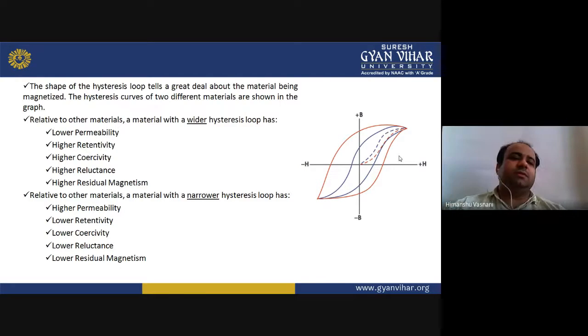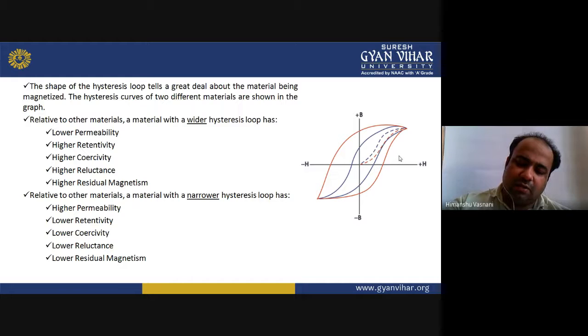All these terms are relative to the material with a wider hysteresis loop. Then, relative to other materials, a material with a narrower hysteresis loop will have higher permeability, lower retentivity, lower coercivity, lower reluctance, and lower residual magnetism.